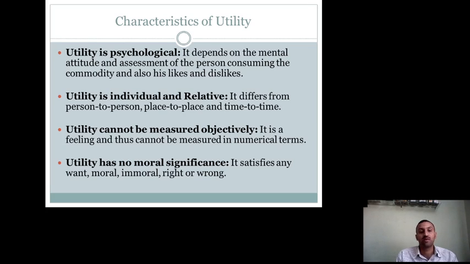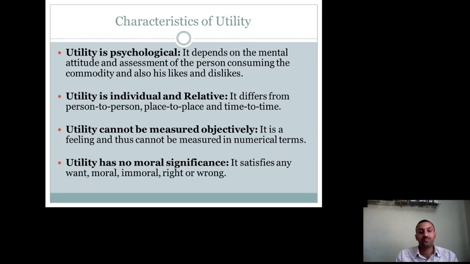dislikes. The second characteristic of utility is that it is individual and relative. It differs from person to person, place to place and time to time. The utility I get from one commodity may be different from somebody else.